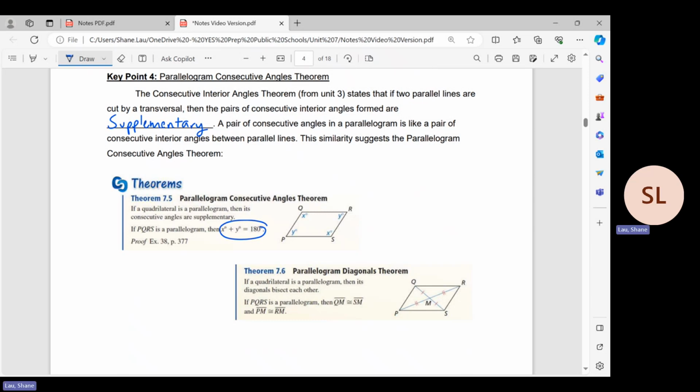So where beforehand we said opposite angles are congruent, we're going to say consecutive angles are supplementary.